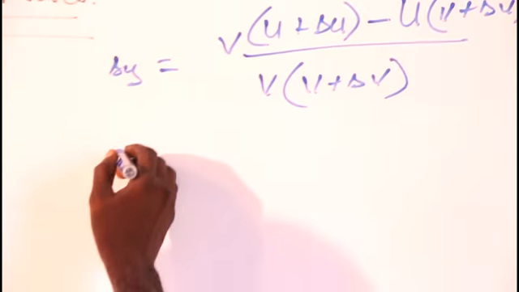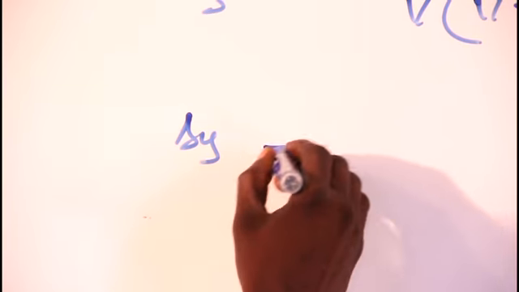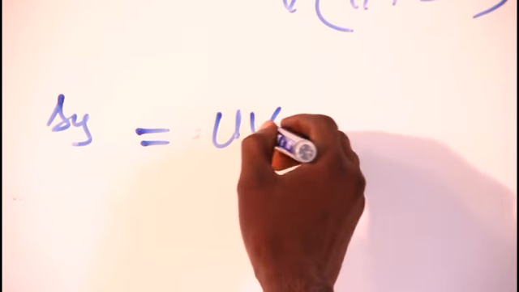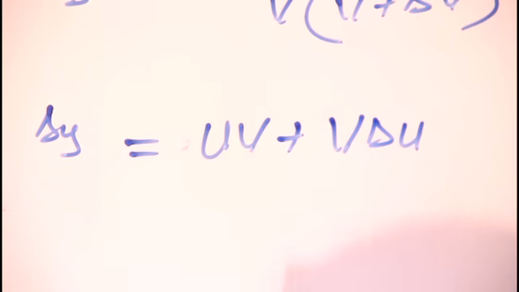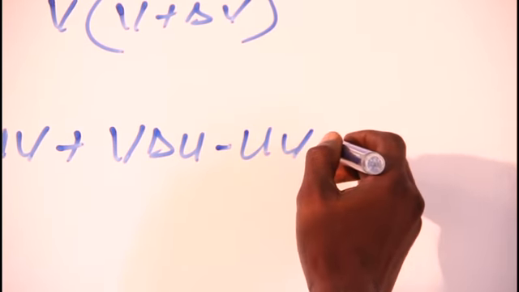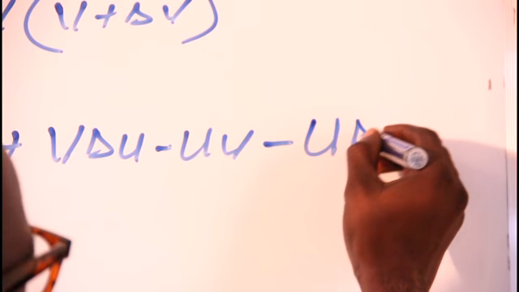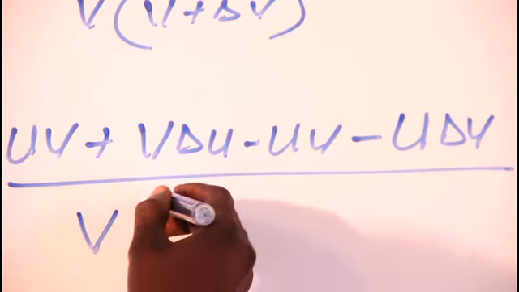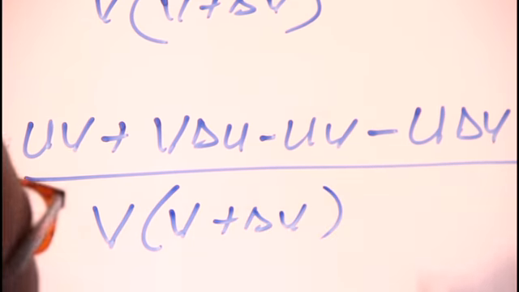Simplify the numerator. That will give us change in y equal to, let's expand this, uv plus v change in u minus uv minus u change in v, all over v plus change in v.